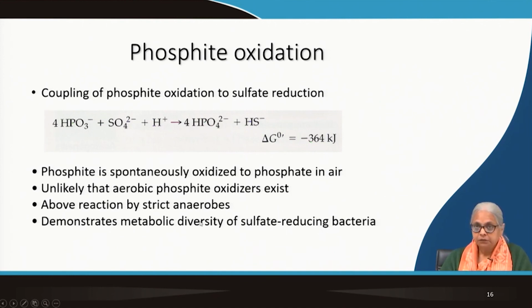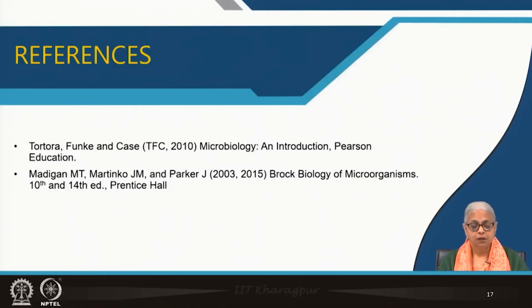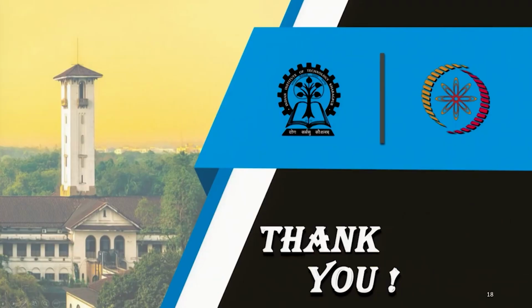So this is a reaction that is mediated by strictly anaerobic bacteria, and it also shows the metabolic diversity of sulfate reducing bacteria. I will stop at this point. Thank you.